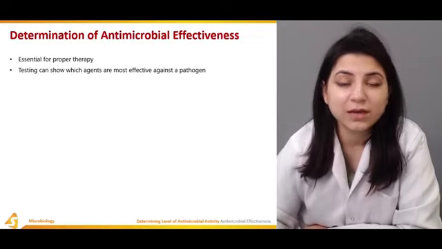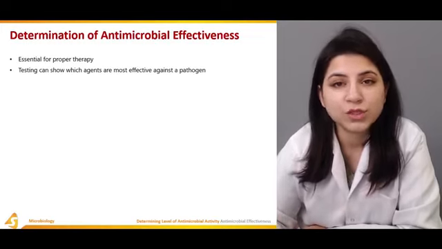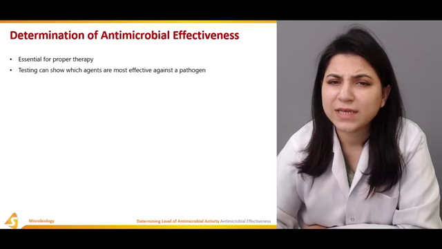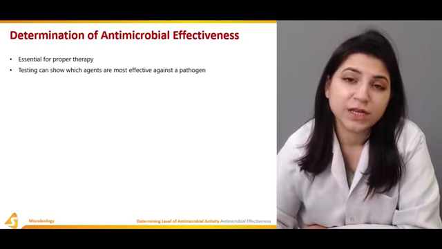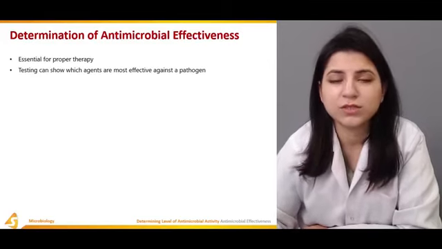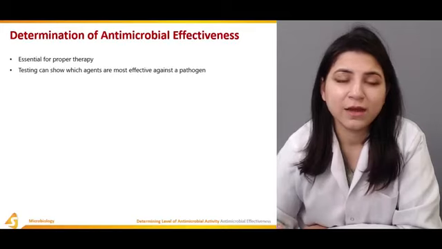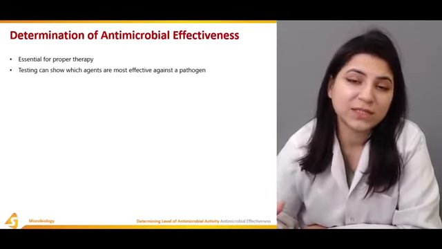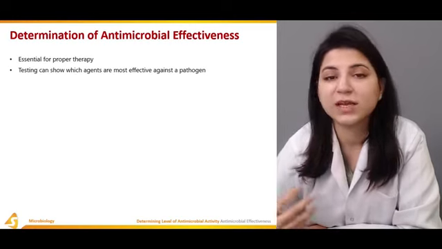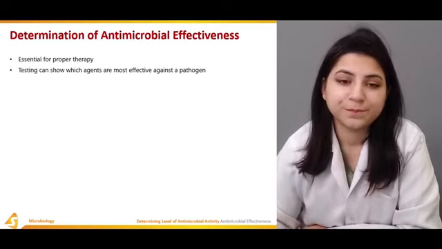So the testing before sending an antimicrobial agent to the market is important and crucial, because you need to determine its lethal dose, you need to determine its MIC, its MBC, and you need to determine the set of pathogens that it can actually work against.